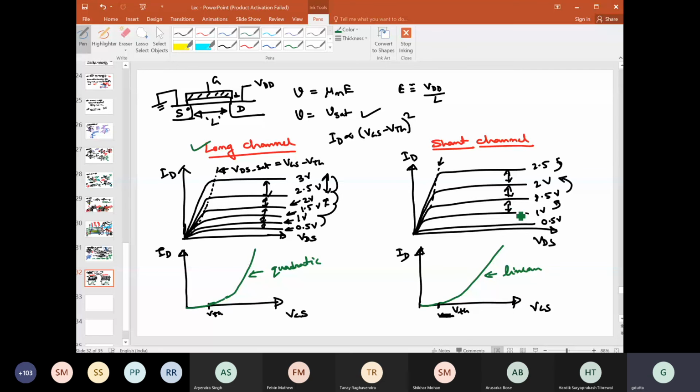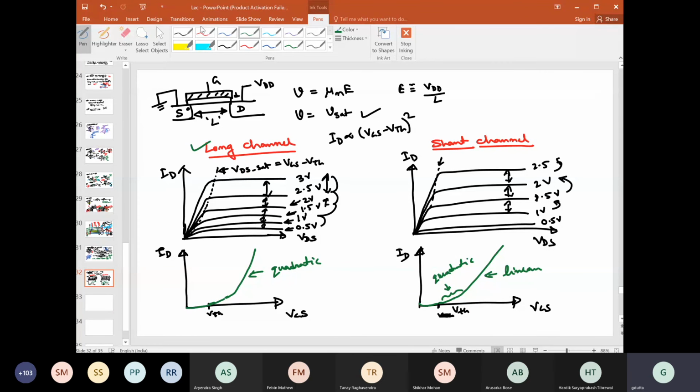Right here also you can see, once the transistor is in saturation, it will be operating in the linear region, though only for a very small region you have a quadratic region present here. We'll see in the next page why there is still some quadratic region here. But I think it's not very tough to guess.